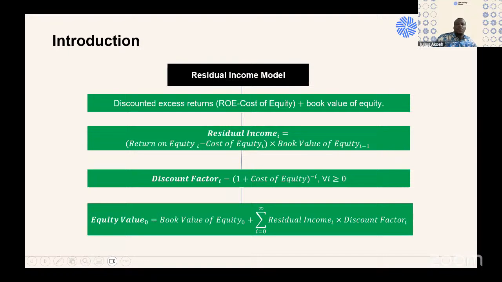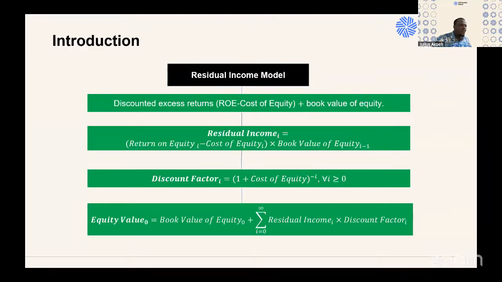Roughly speaking, the nature of the adjustment is such that we take the book value of equity and then we add something to it or subtract something from it, depending on whether the company is creating value or not. In other words, depending on whether the company is expected to create value in the future.